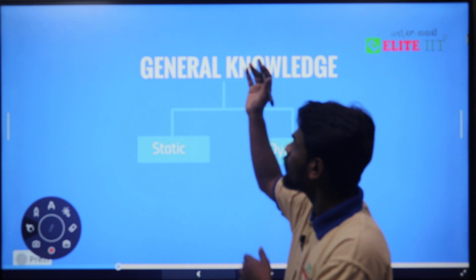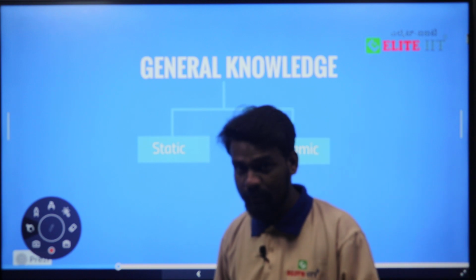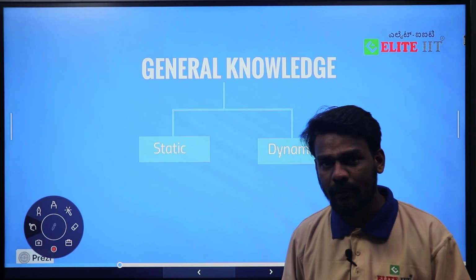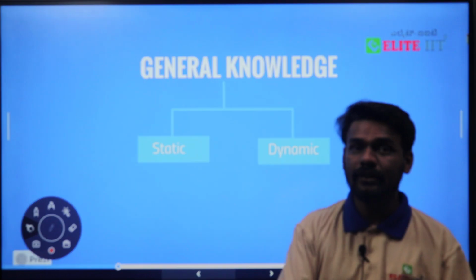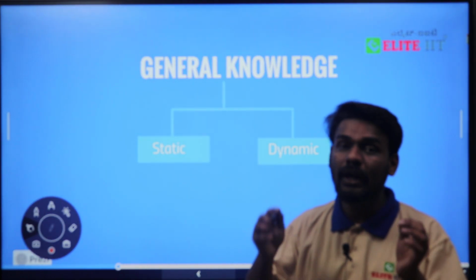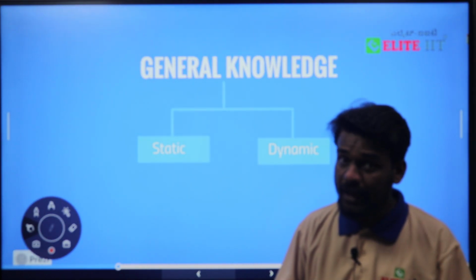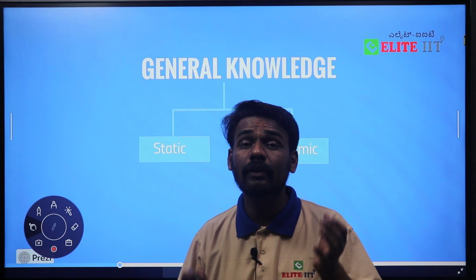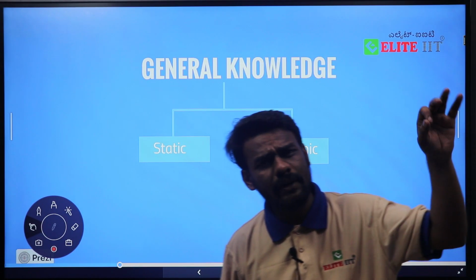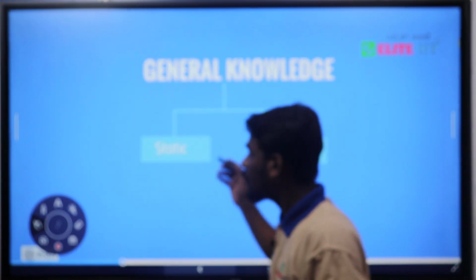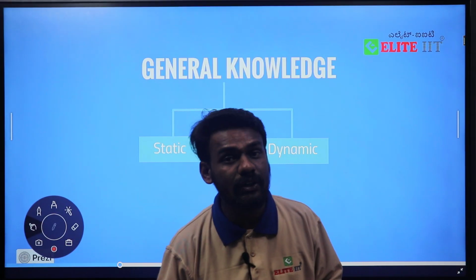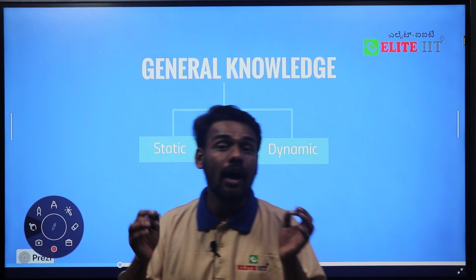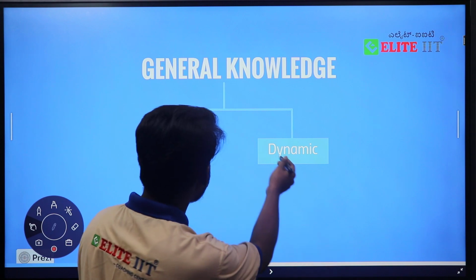So, for example, we are writing PSI exams. This is Karnataka state PSI exams. So, we have to update the current affairs which is related to Karnataka state as well as India as well as world, what is all happening in the world and what kind of development is happening in India, everything we have to update in dynamic part.